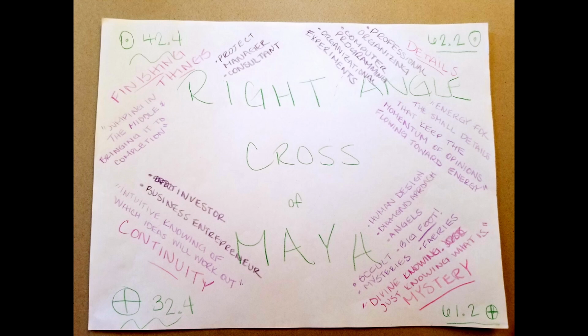So I won't go too far into it other than to call out the gates and a couple of descriptors around the incarnation cross gates on my chart. My incarnation cross is called the right angle cross of Maya because it is composed of gate 62 and 61, as well as 42 and 32.